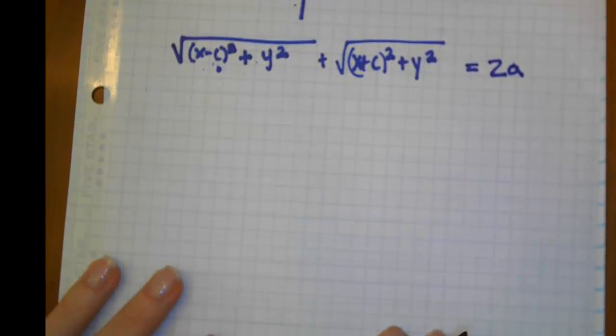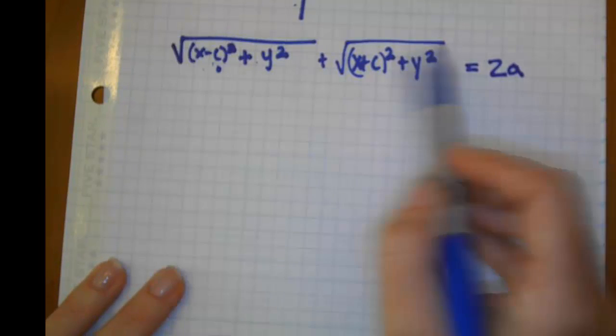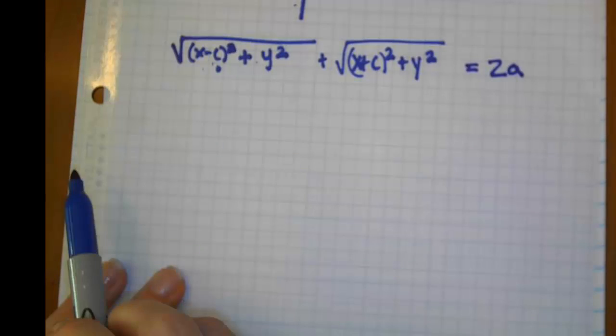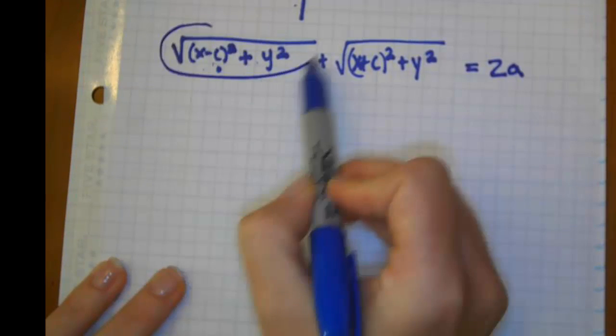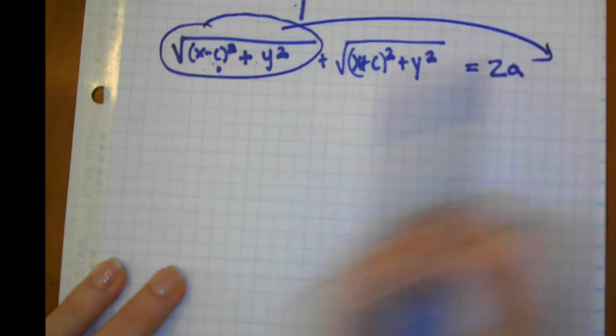All right. What I can do next is, if I wanted to square both sides, this is going to be way ugly. So I'm going to take this term right here and subtract it to the other side.